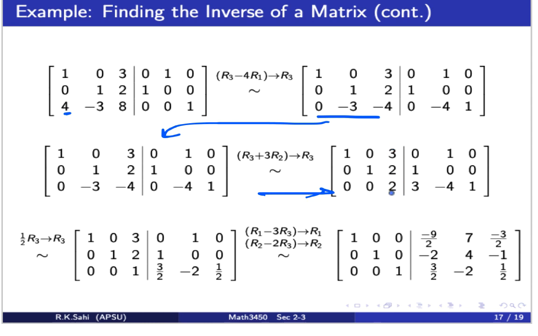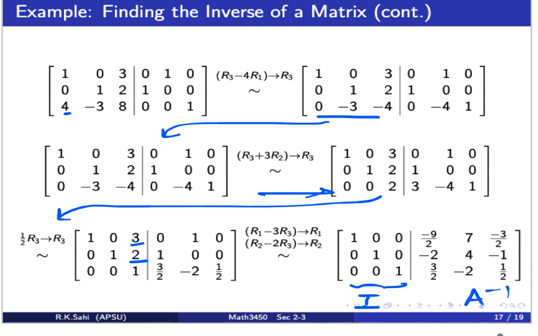The first thing I need is to make the 2 a 1, so we apply 1/2 of R3 to R3. So we get this. After that, we need to make the two values above the 1 in the third column 0s. Just do the row reduction algorithm. Wow, the A we started with has become the identity, and the identity is now becoming A inverse.